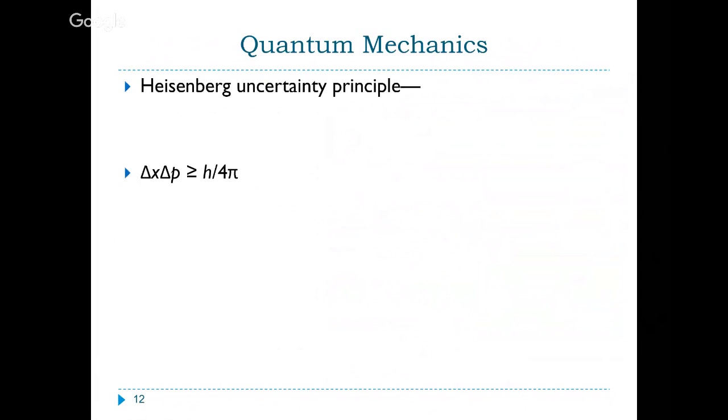So Heisenberg came up with this uncertainty principle, which says that at any moment, you cannot know both the exact location and the exact momentum of an electron. So you can know one or the other to a high degree of accuracy, but once you start pinpointing one of them, then the uncertainty grows significantly in your other value that you're trying to measure.